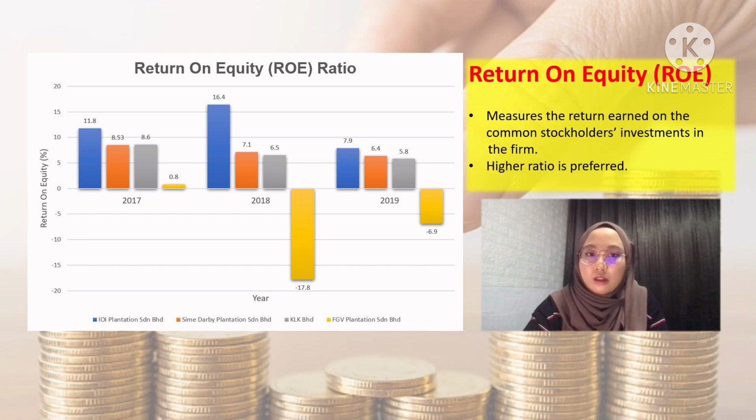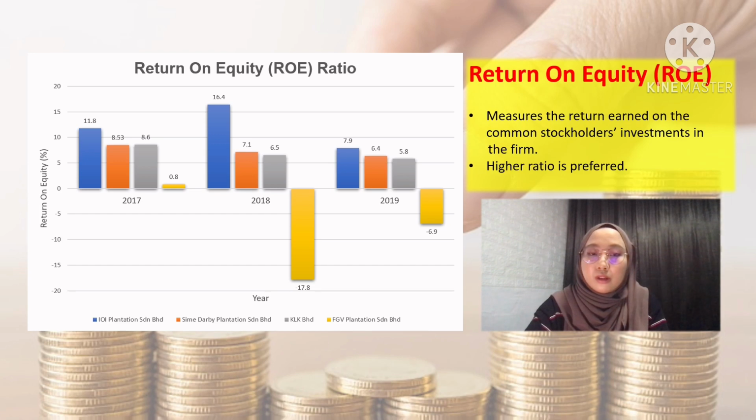In year 2018, IOI Plantation is still leading, followed by Sime Darby Plantation and KLK Berhad. Since FGV Plantation suffered great loss in year 2018, it has affected their ROE as well. It plunged to minus 17.8%, indicating that the company is not able to give returns to its shareholders.